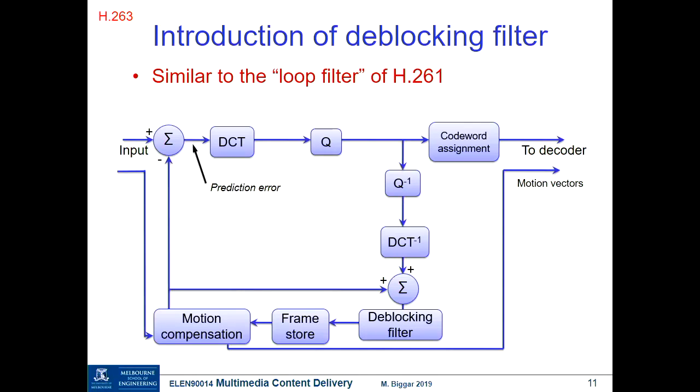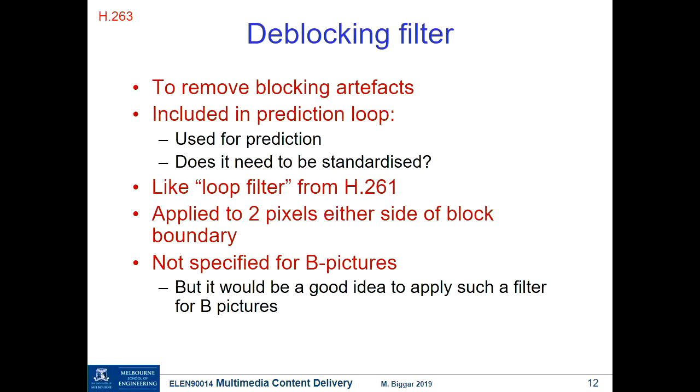We can smooth them out before we use them to predict the next picture, and it's exactly the same reasoning as that loop filter in H.261. So the idea is to remove blocking artifacts. It's included in the prediction loop, so it's used for prediction.